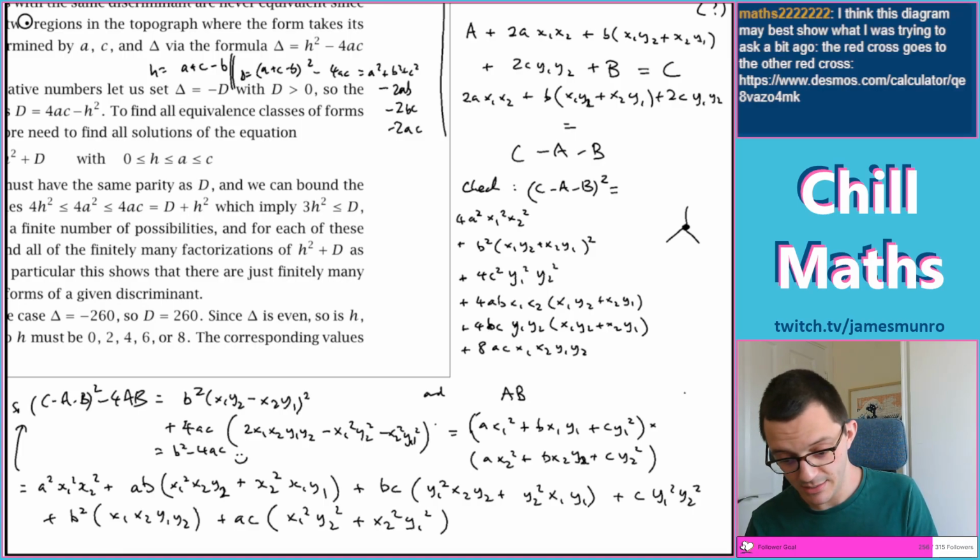If you give me the 3 numbers that you can see around a point in this diagram, then I can work out the discriminant of the quadratic form.